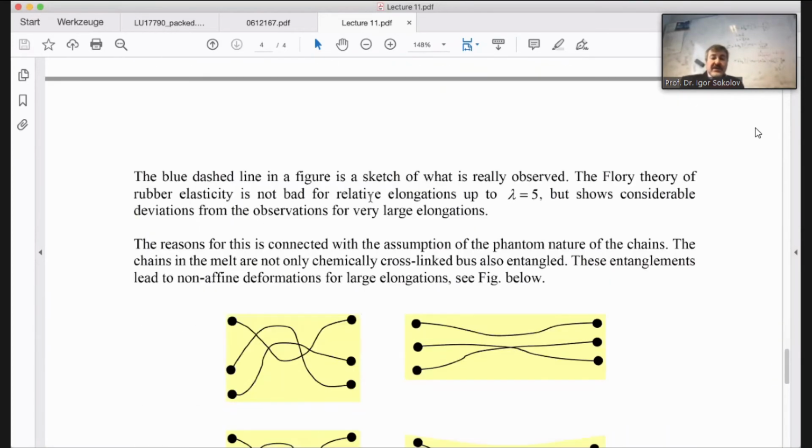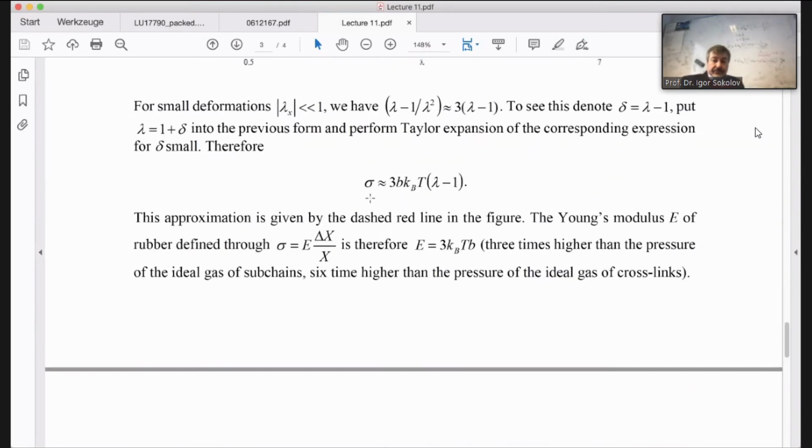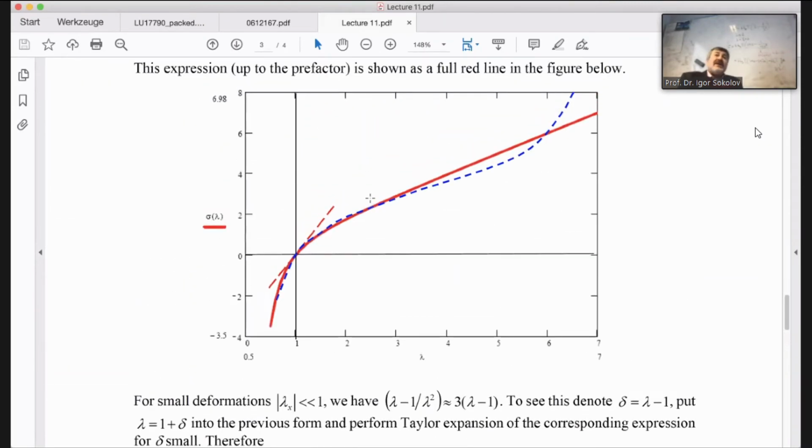So now this is the whole theory. Very simple, very nice. And it neglects or disregards as many facts as possible, but still works, more or less.